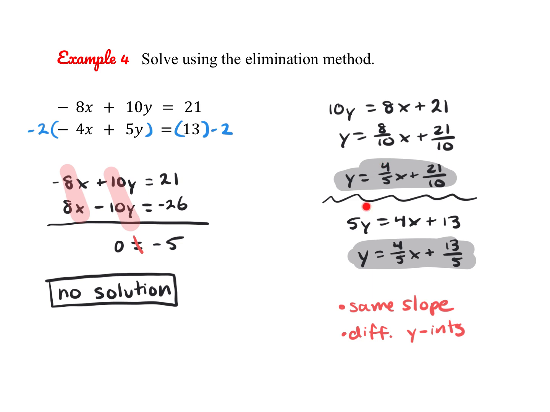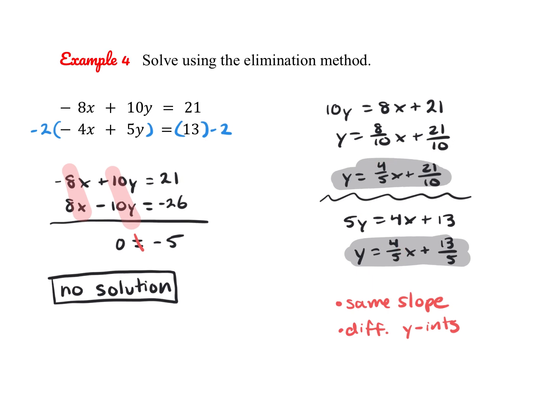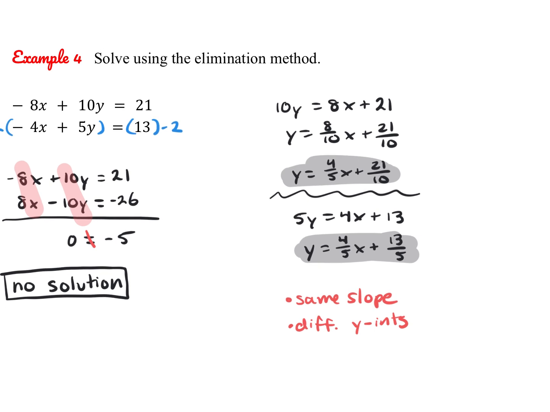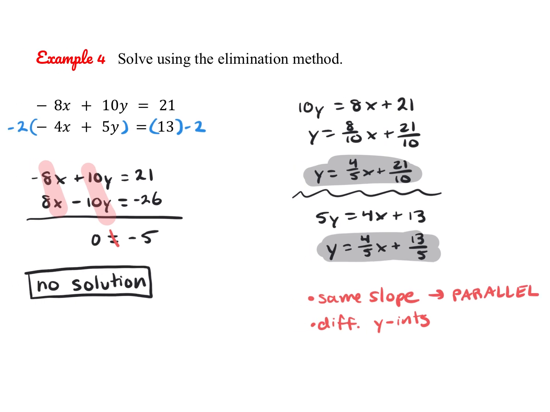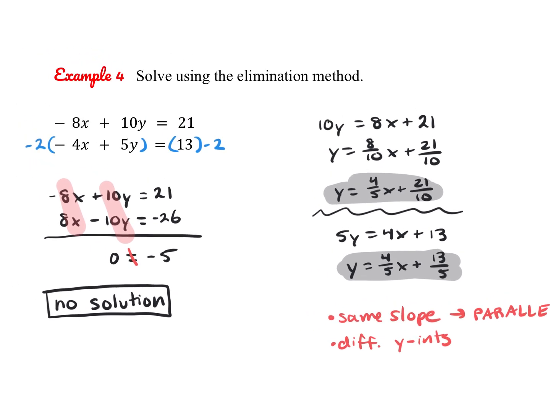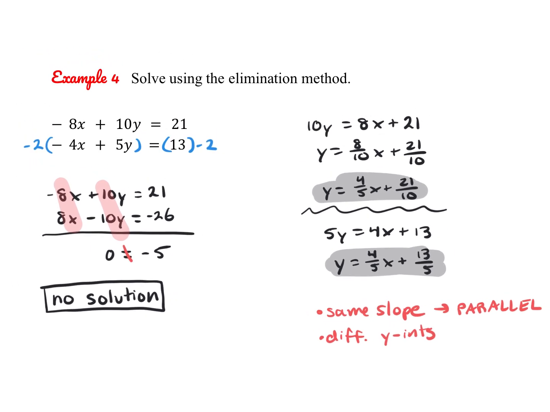But since they have the same slope, that means that they are parallel. So anytime you have two lines with the same slope, you have parallel lines. So we know that parallel lines, again, will never cross, which is why we have no solution. There is physically no point of intersection between these two lines.